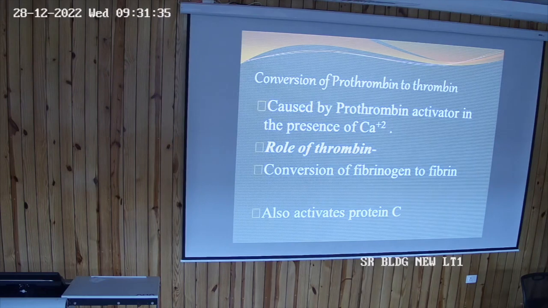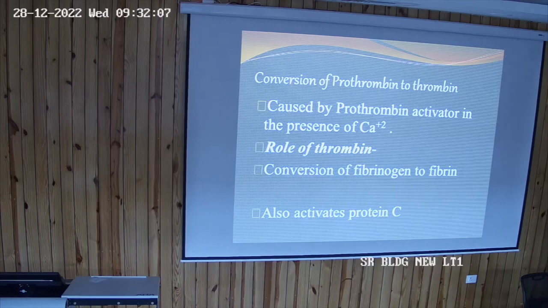Some of these basic clotting factors are formed in the liver. What is the source of formation of these certain four or five important clotting factors? The source is the liver, in the presence of vitamin K. If there is a deficiency of vitamin K, or some problem in the liver, the formation of the clotting factors will be affected.